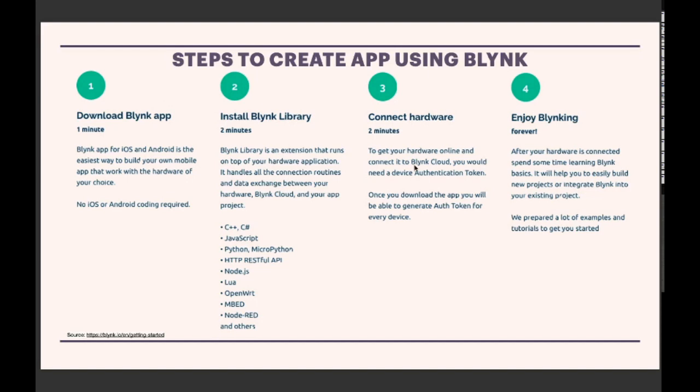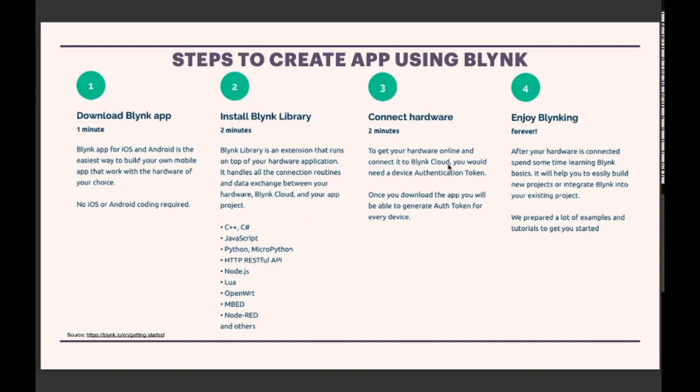In order to create a Blynk application, first you have to download the Blynk app from iOS or Android. After downloading the Blynk app, you have to install the Blynk library in the IDE, and the IDE can be Arduino or Python, C++, any IDE which supports IoT programming.